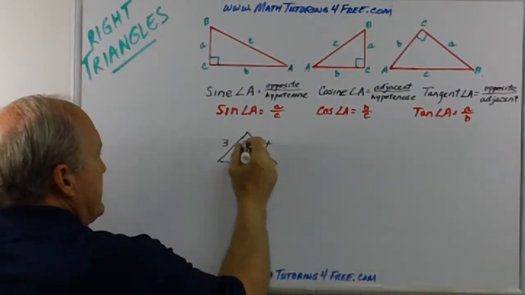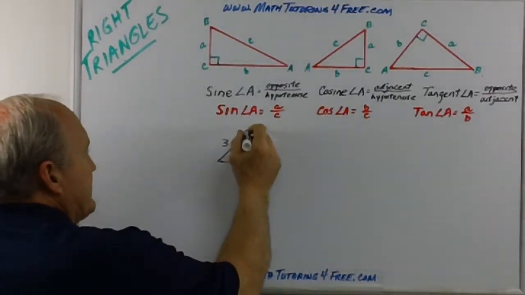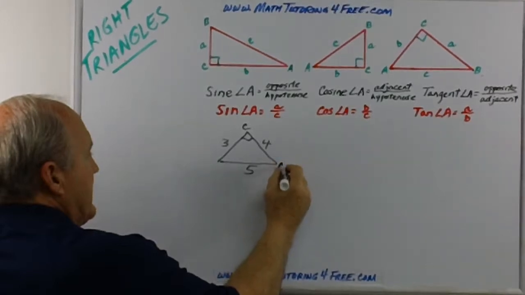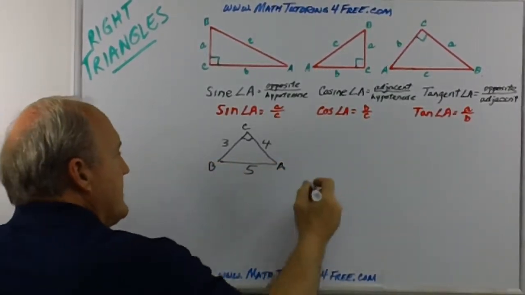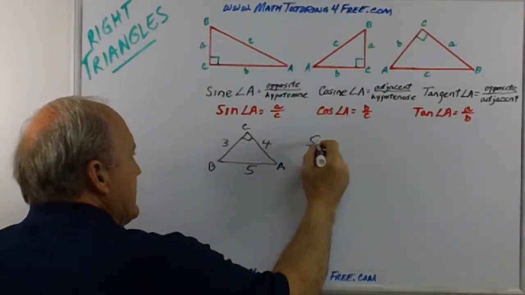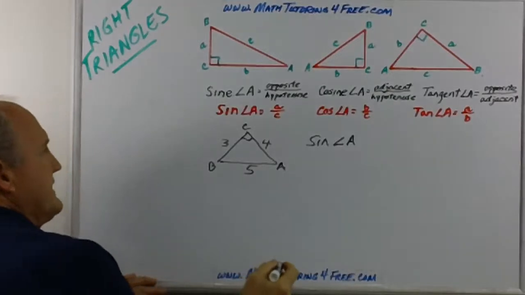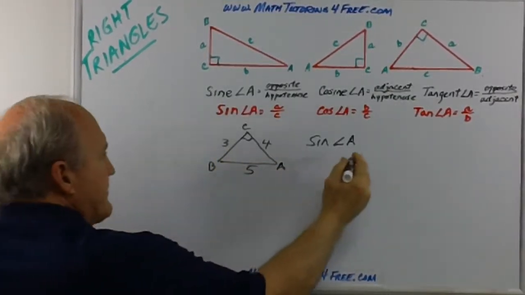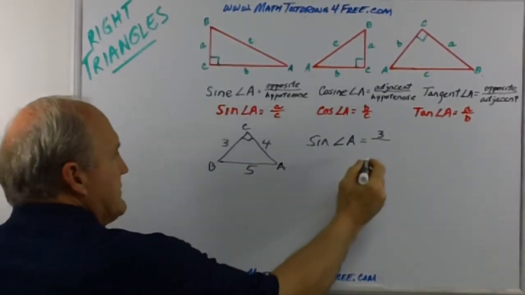Here's the right angle, so that would be C, and these would be A and B. If we say the sine of angle A, the opposite of A would be 3 over the hypotenuse, which would be 5.